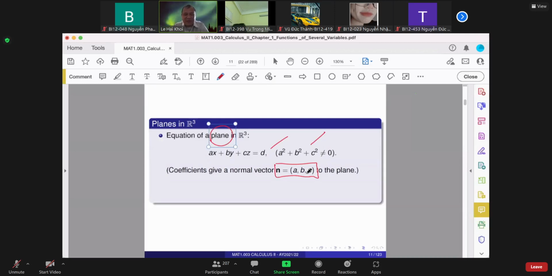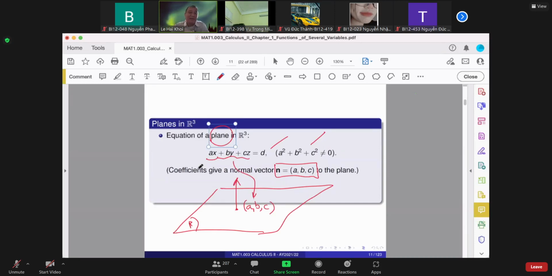This vector is perpendicular to the plane. So if you have this plane P, then the normal vector here is characterized by 3 coordinates as coefficients of the equation.